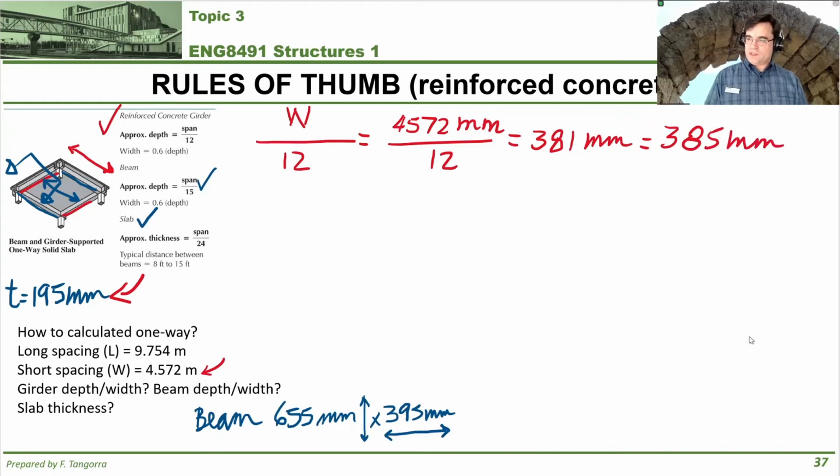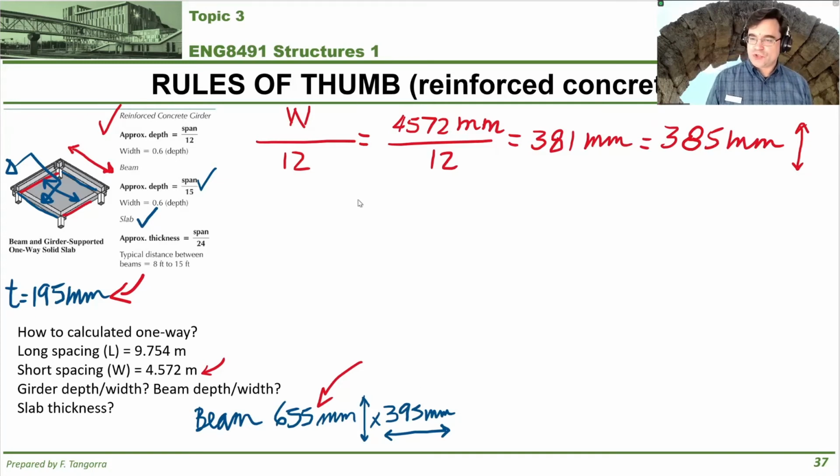Now look at this, okay? The depth of the girder, this generally vertical dimension of the girder, is actually less than the depth of your beam. And you can't have that, right? Your girder cannot be less deep than your beam. At the very least, it must be the same depth as your beam. So here's the interesting thing.